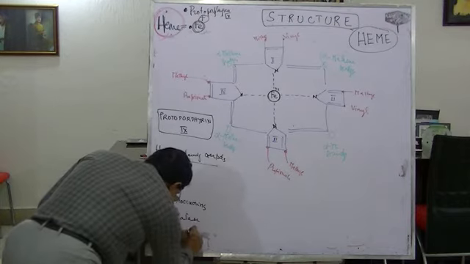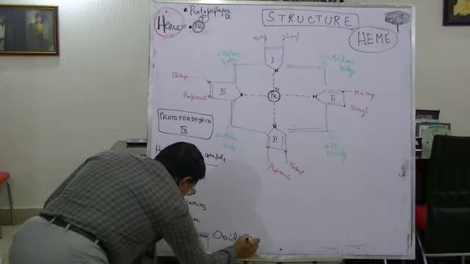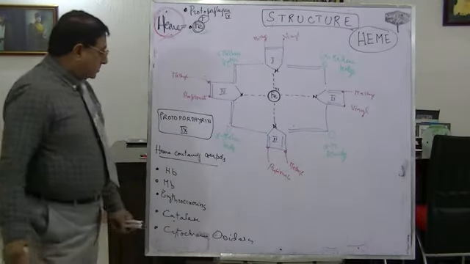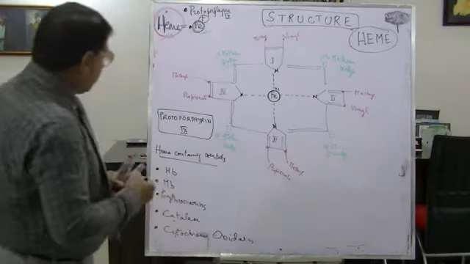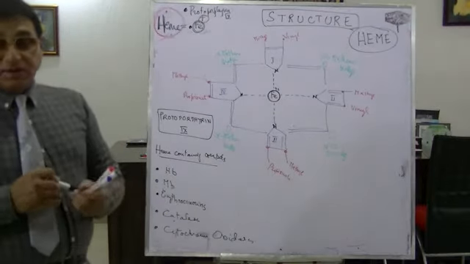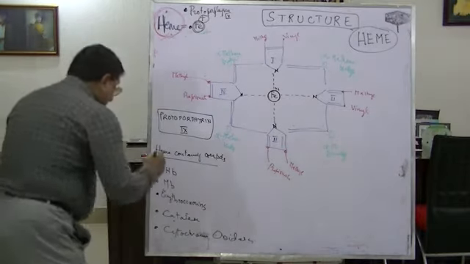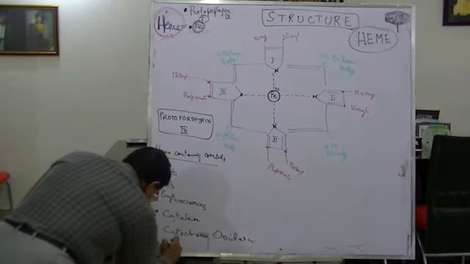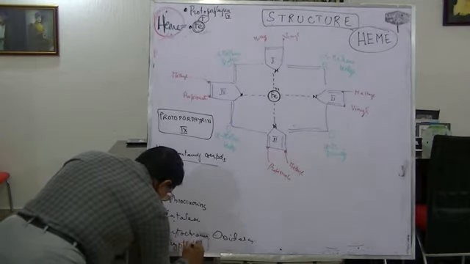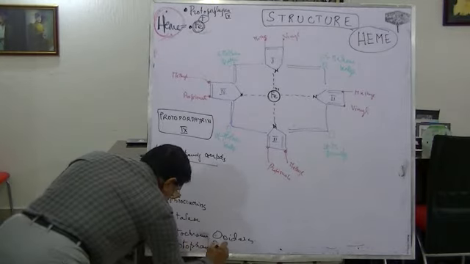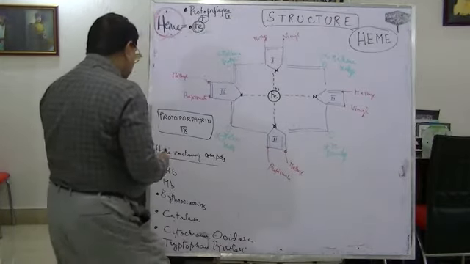Cytochrome oxidases. Well, this is a big family of enzymes. They are responsible for the synthesis of steroids, bile acids, etc., and they've got an important role in dealing with xenobiotics, drug metabolism. And tryptophan pyrrolase, involved in tryptophan metabolism. So these are a few heme containing compounds.